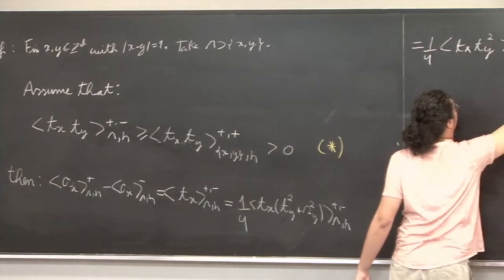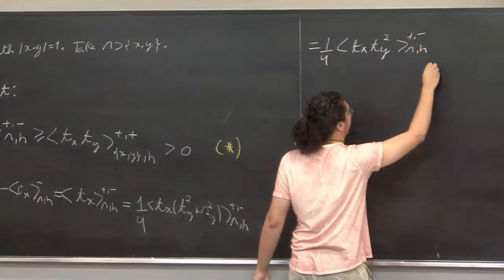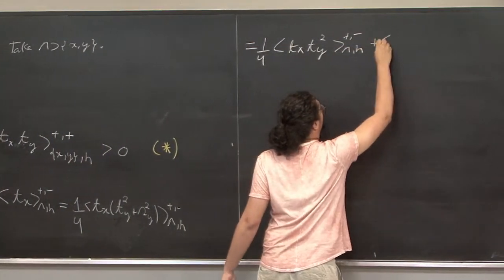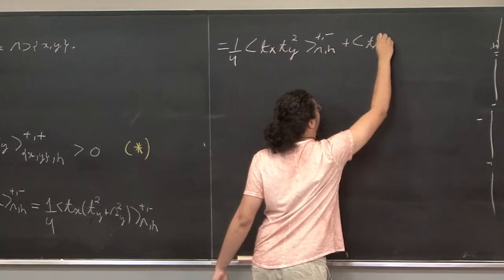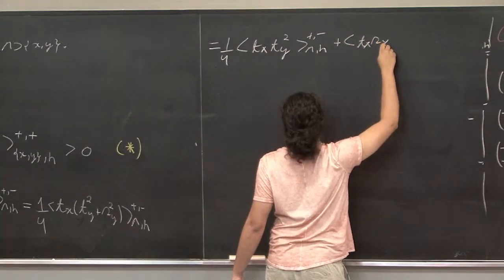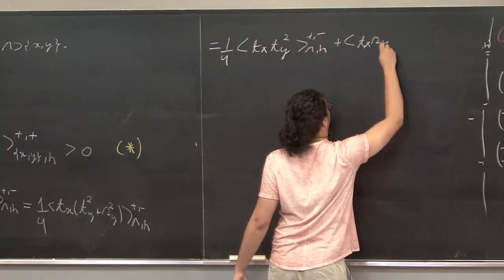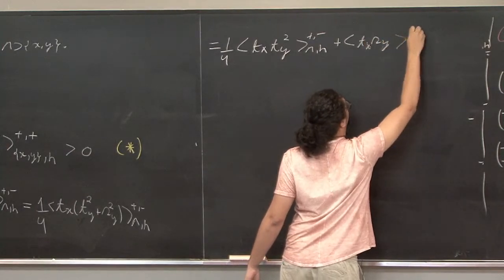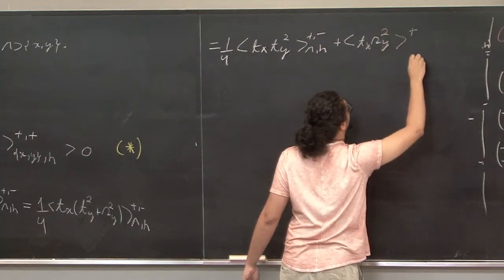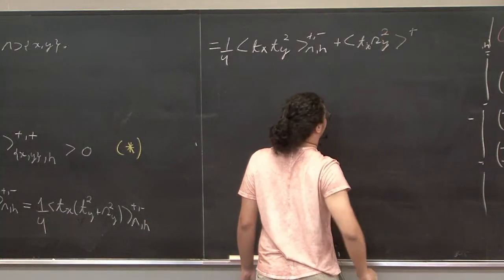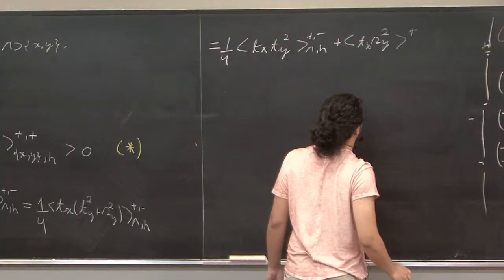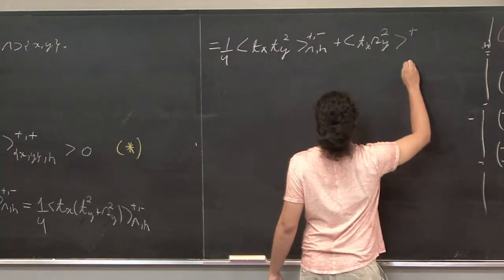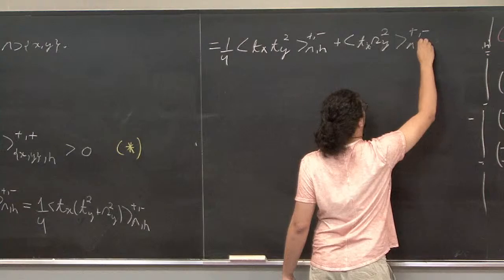Plus and minus lambda h plus T X S Y, small y, plus there's a square here, plus and minus h.